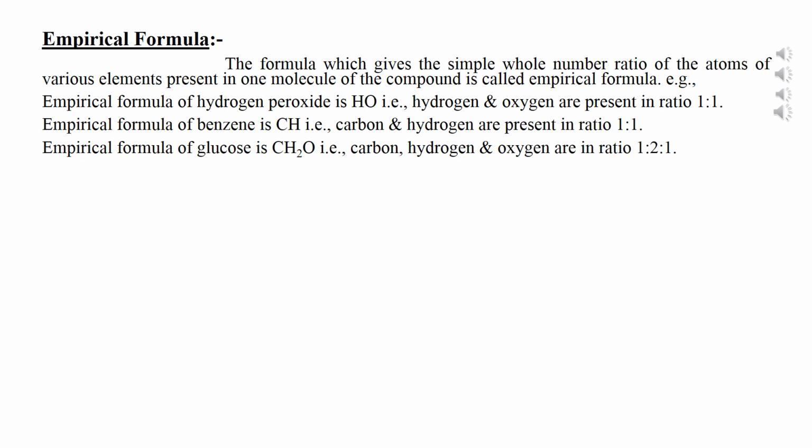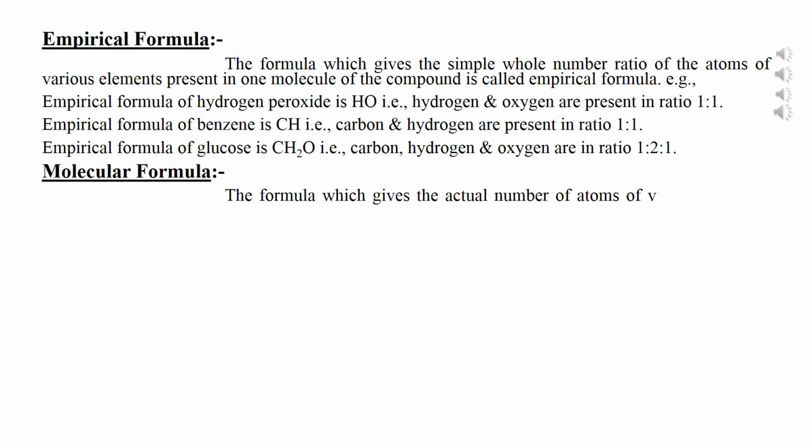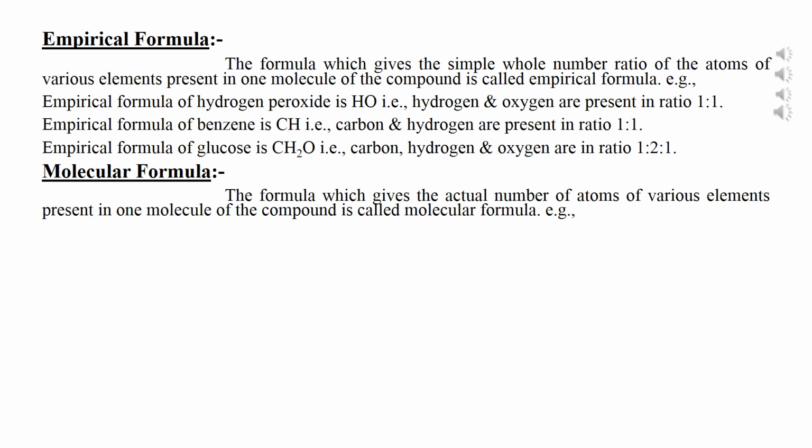Next, what is the molecular formula? The formula which gives the actual number of atoms of various elements present in one molecule of the compound is called the molecular formula. That means the molecular formula represents the actual number of atoms present in one molecule of that compound.